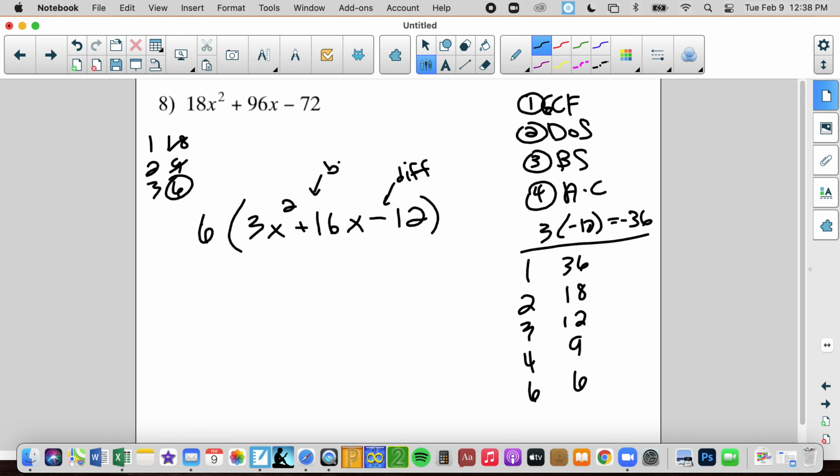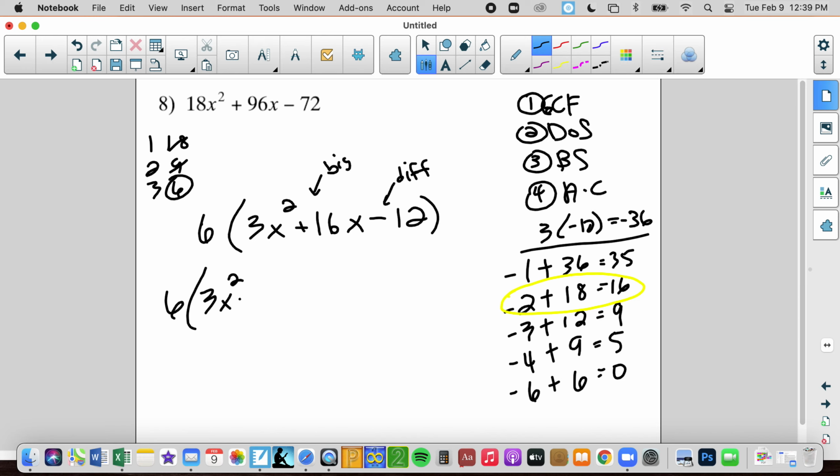Bigger is positive. 36 and 9 add to 16... I got that. 6 times the quantity 3x squared minus 2x plus 18x minus 12.